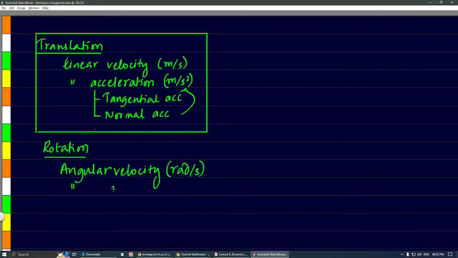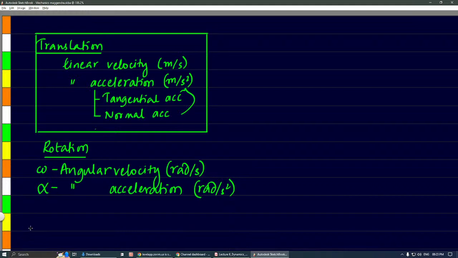Then angular acceleration, what is the unit? Radians per second square. What is the notation for angular velocity? It is omega. And angular acceleration is alpha.